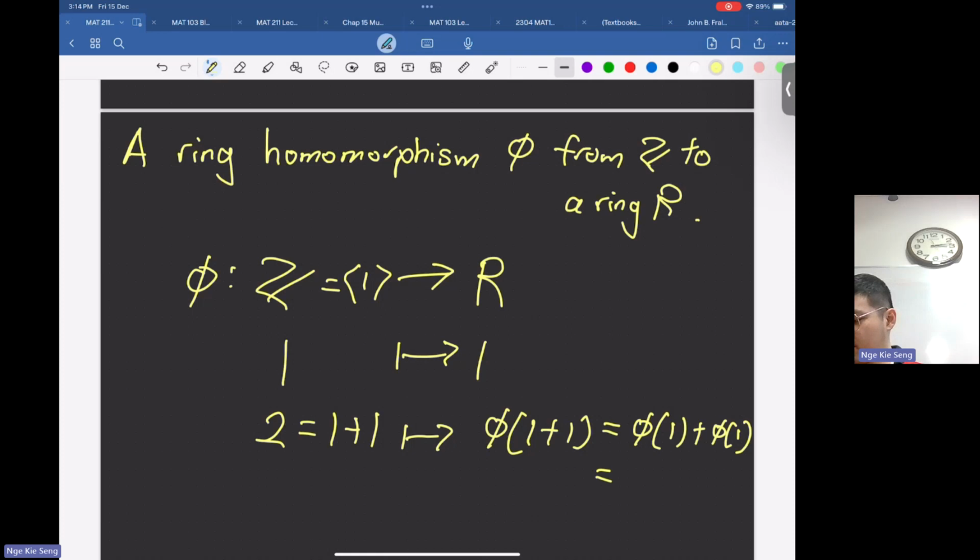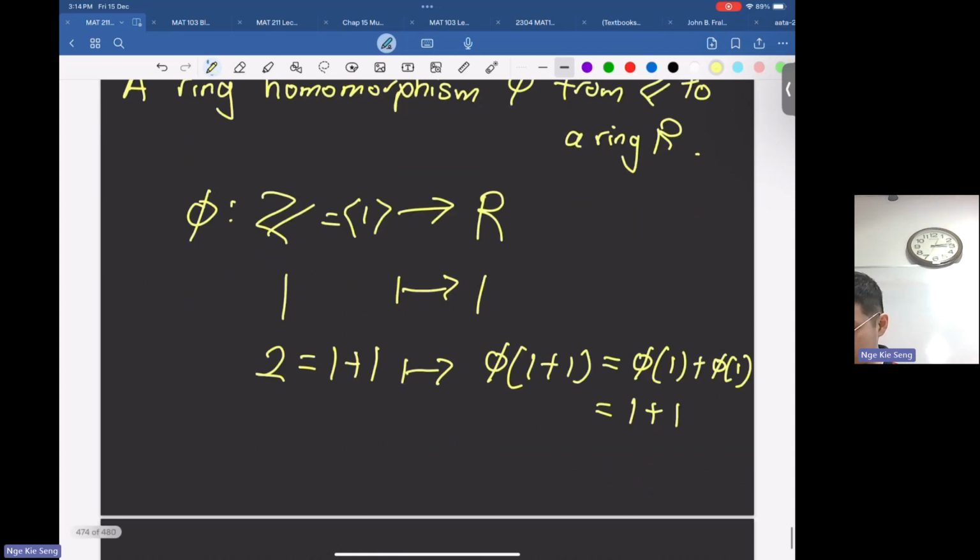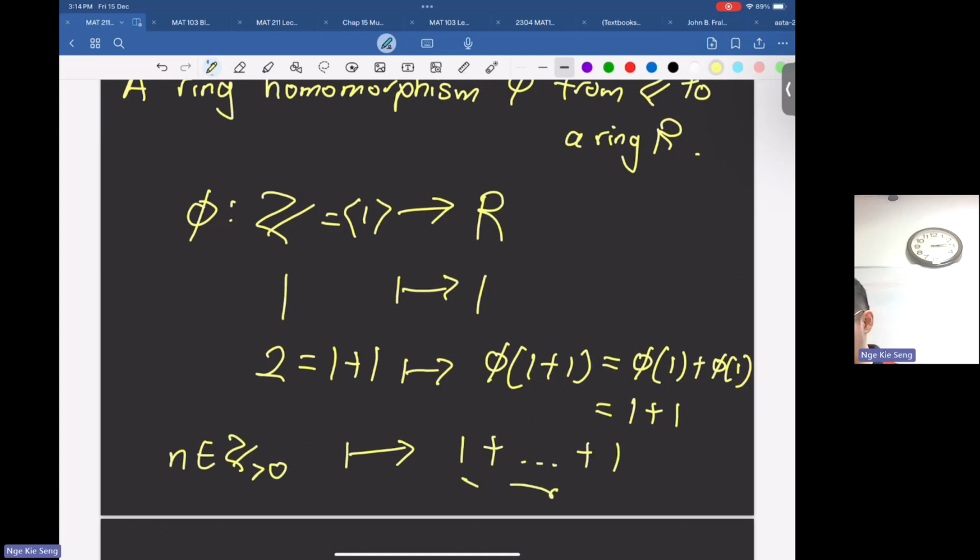So you are doing the addition 1 plus 1 in R. So for positive n, it is sent to 1 plus 1 plus and so on, n times.